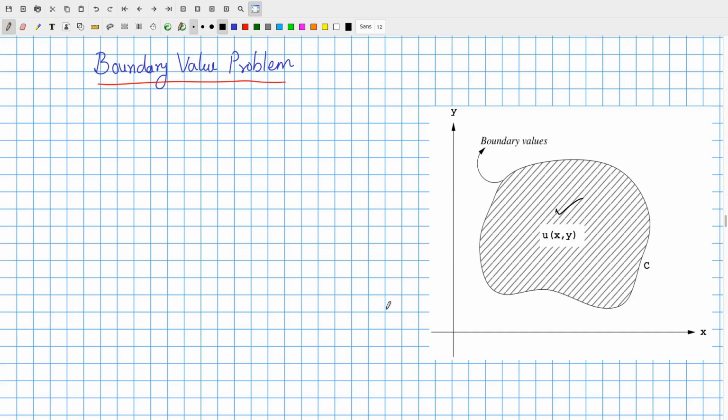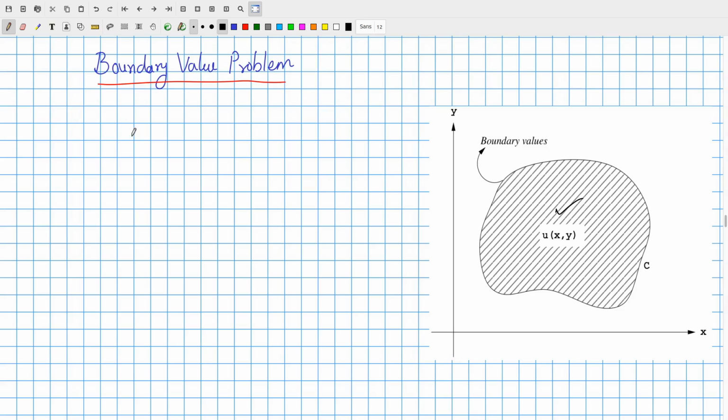We also took a simple example of a boundary value problem. Let us maintain the same problem, as it is simple, and see how to solve it using this finite difference method.